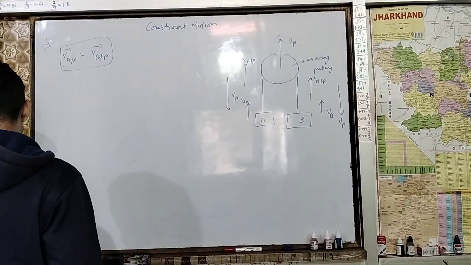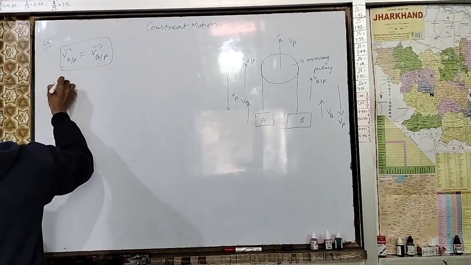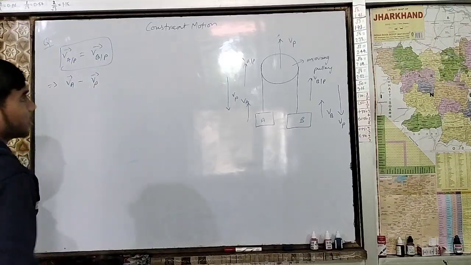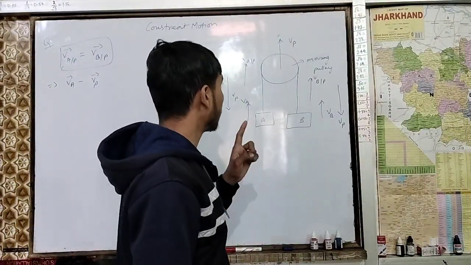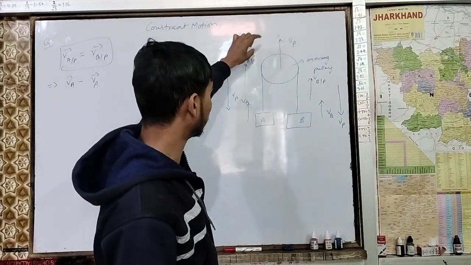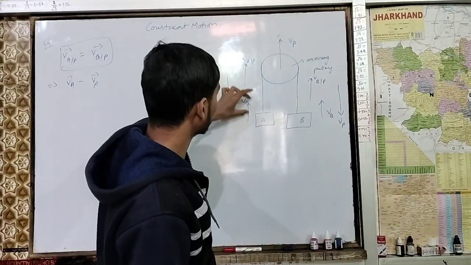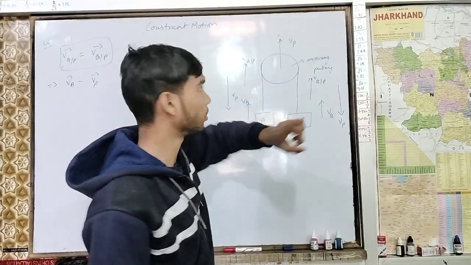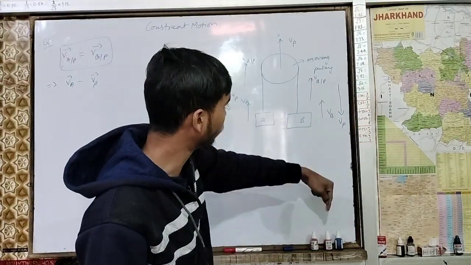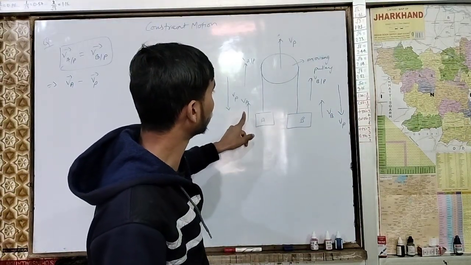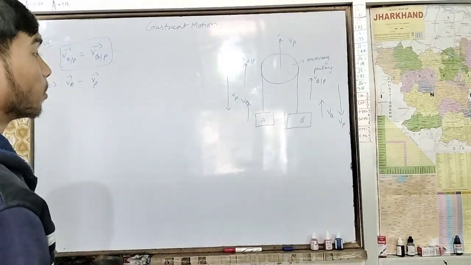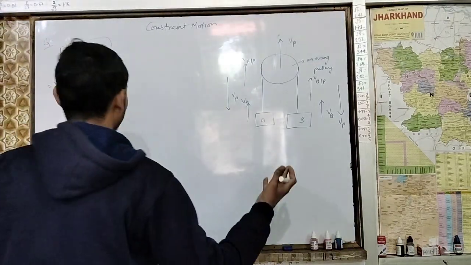Now try to observe. Velocity of A minus velocity of P. Direction. Try to observe carefully, velocity of P and velocity of A. According to the pulley, the direction of velocity of P is downward and the direction of velocity of A is upward. So upward will be positive, downward will be negative.